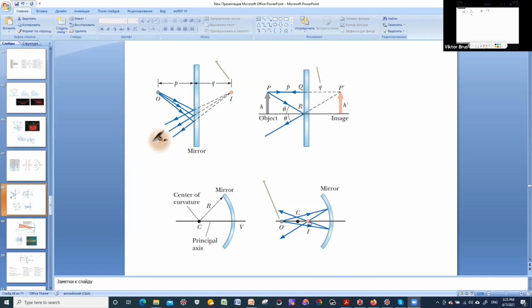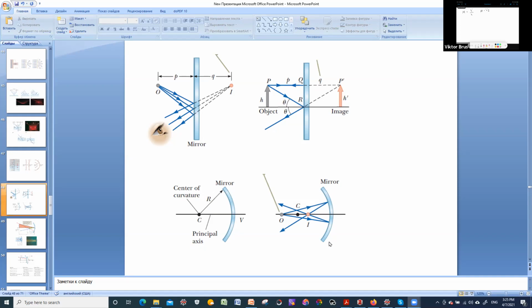That is the feature of the real image formed by this concave spherical mirror.